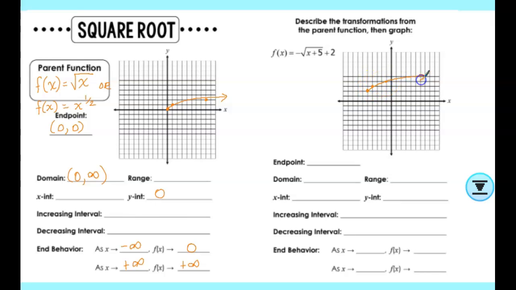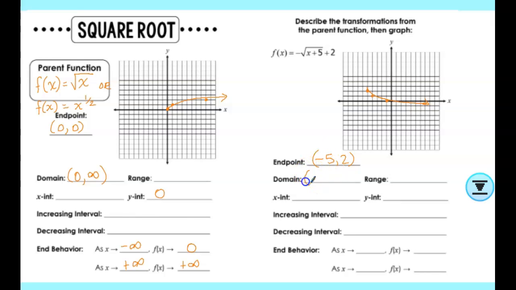Like this. Okay. And, oh good grief. It's going to go upside down. It's going to get reflected across the axis there. So instead of facing up, it's going to face down. And so our endpoint now is negative 5, 2.